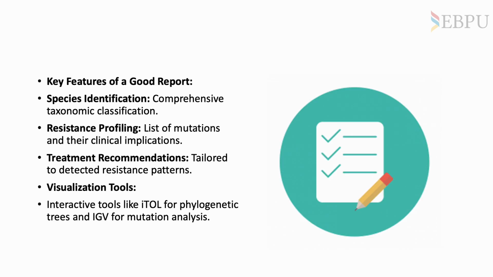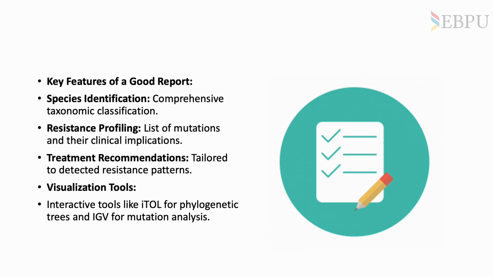And now looking at the reporting and clinical application. A well-structured genomic report should include 4 key elements. Species identification, so accurate species or subspecies level classification for clinical clarity.